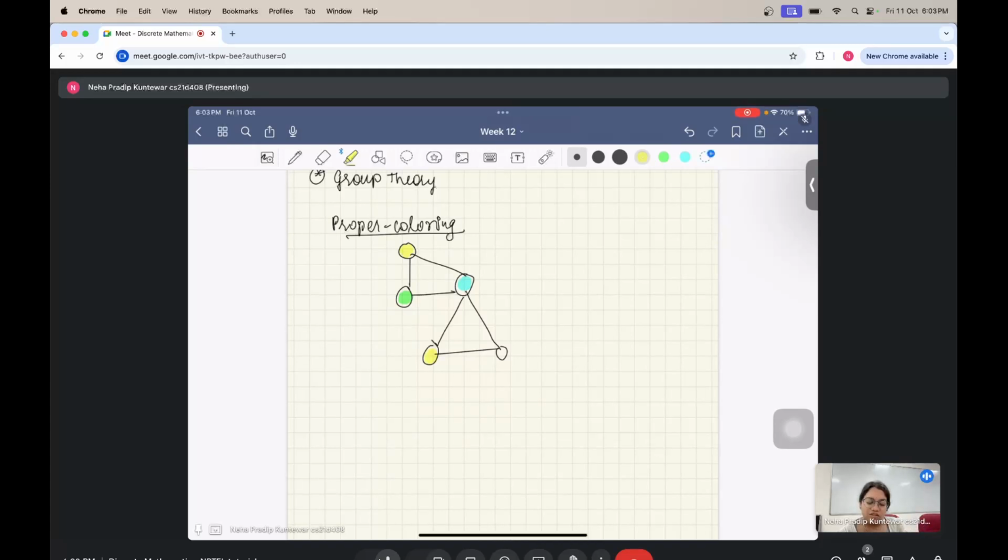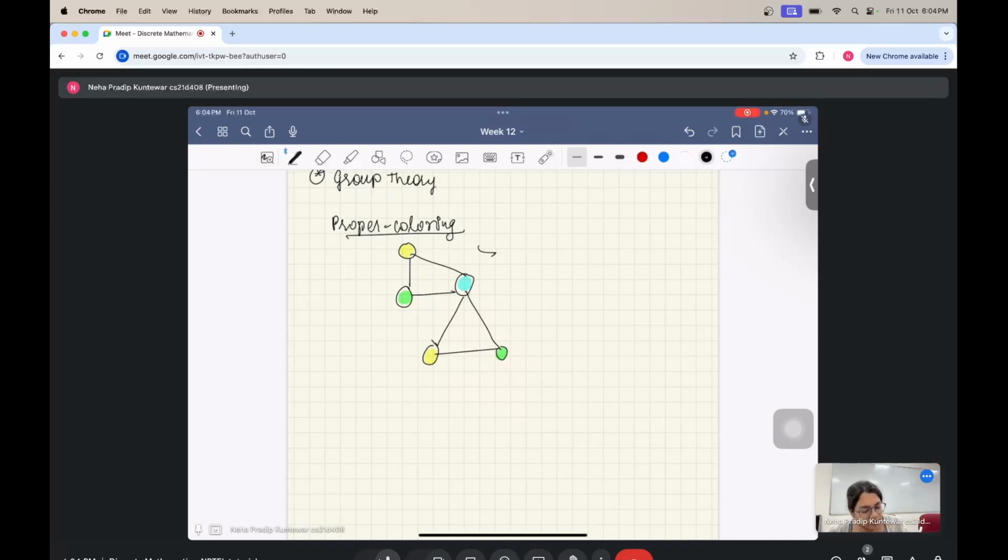So I'll do yellow, and then I look at this vertex, and again it can't get blue or yellow, so I'll color it with green. So I use three colors. So the chromatic number for this graph is at most three, and you know that you can definitely color it. If you can color it with three, then you can always color it with 4, 5 and so on colors. But if I want to find the minimum number of colors with which I can do a proper coloring, then that turns out to be 3 for this graph.